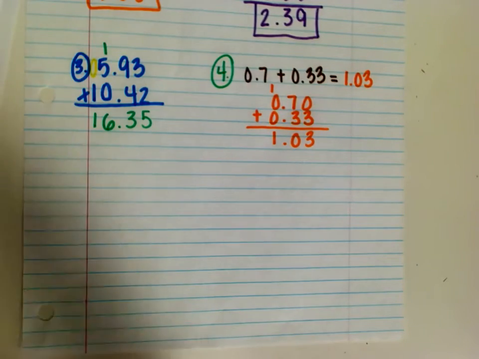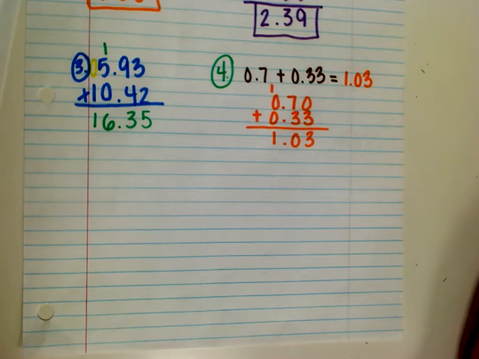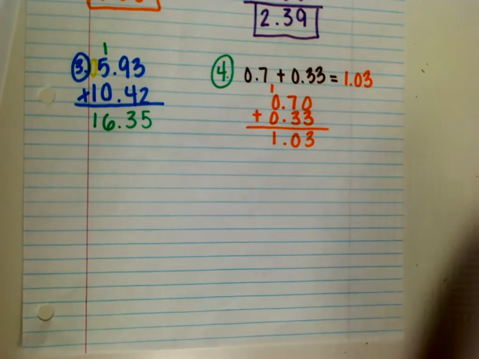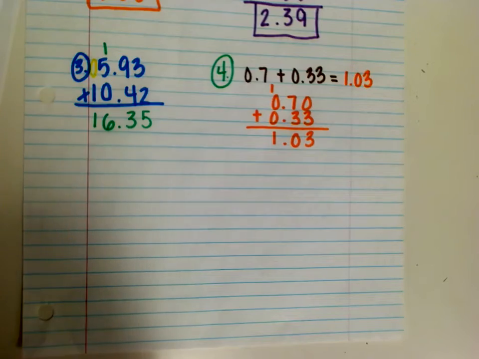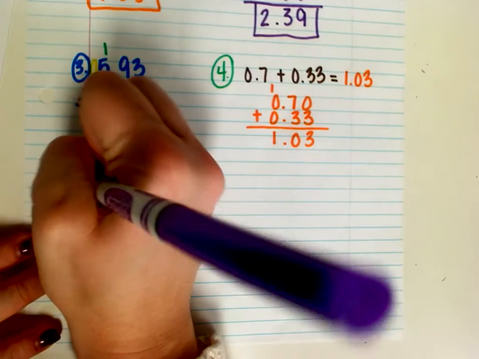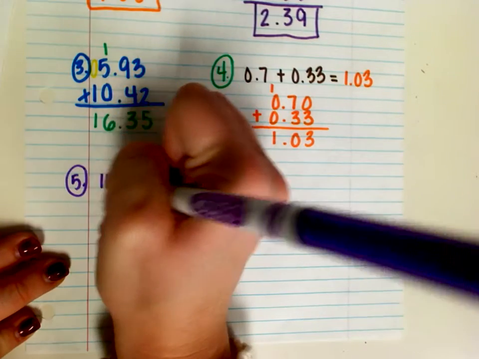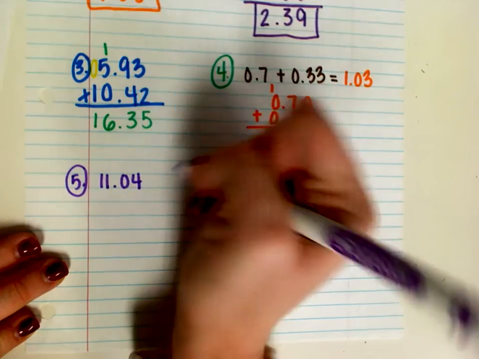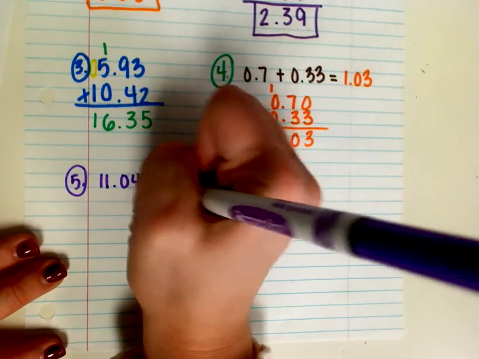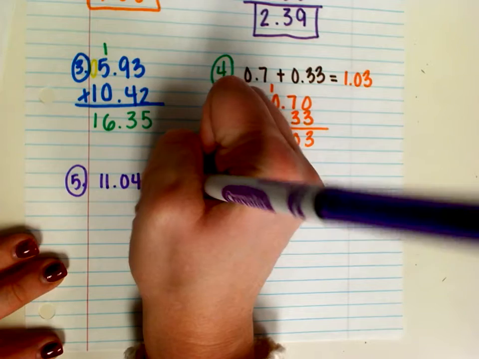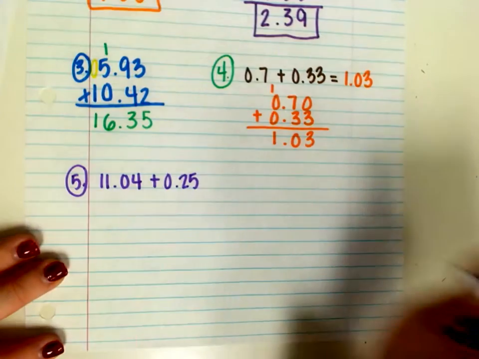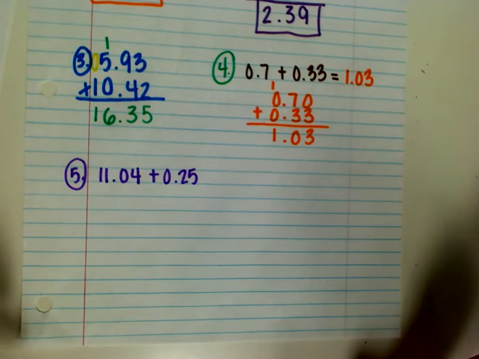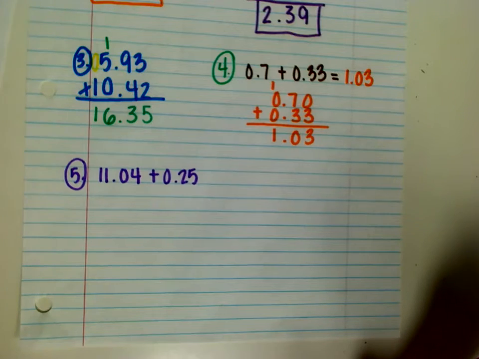Okay, let's do 2 more. Okay, this one I have 11.04 or 11 and 4 hundredths plus 0.25 or 25 hundredths.